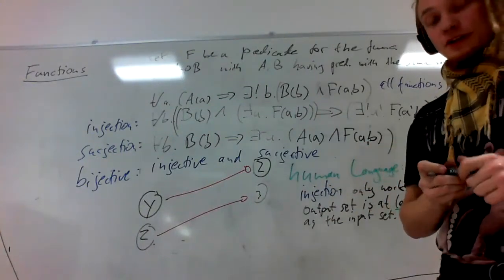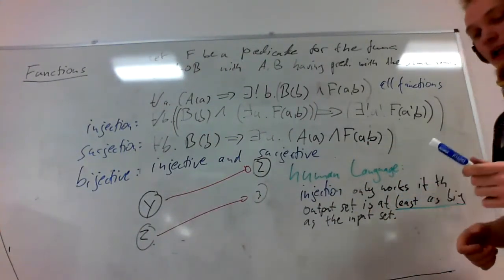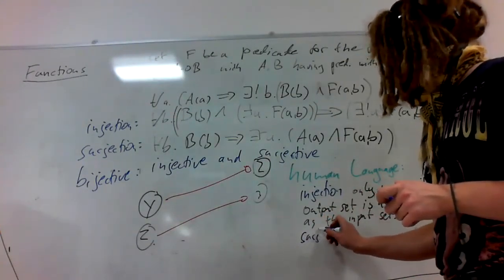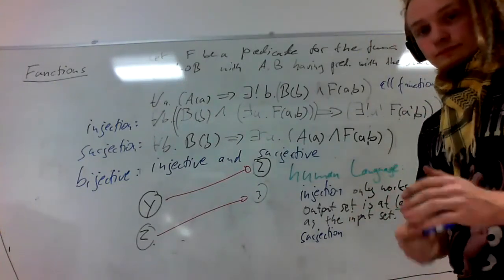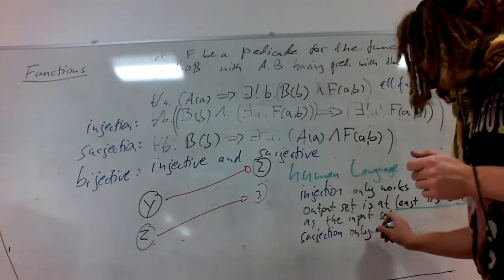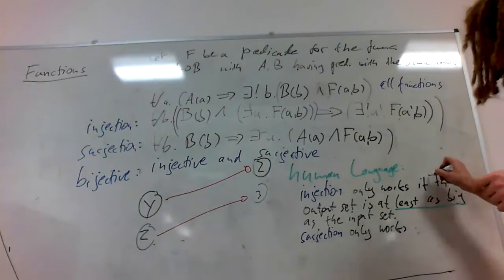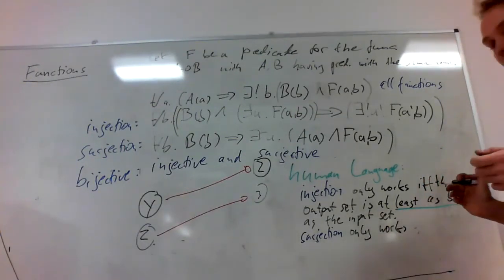You can probably now imagine that for surjection, another thing holds. Surjection only works, by the way, these are if and only ifs. So "iff" is like if and only if.